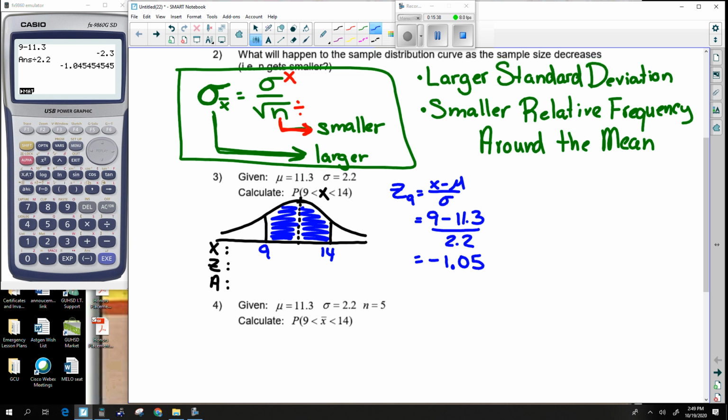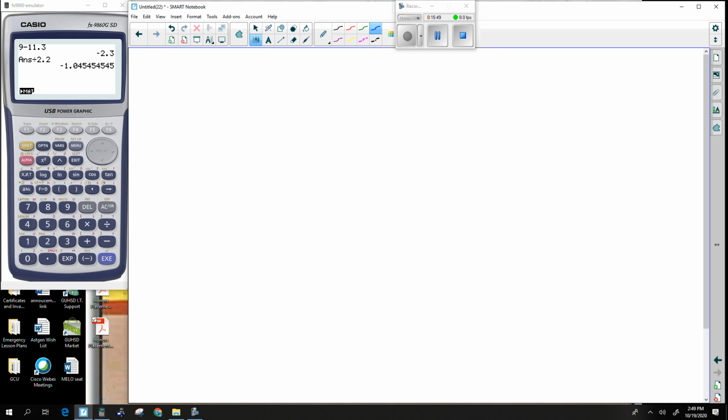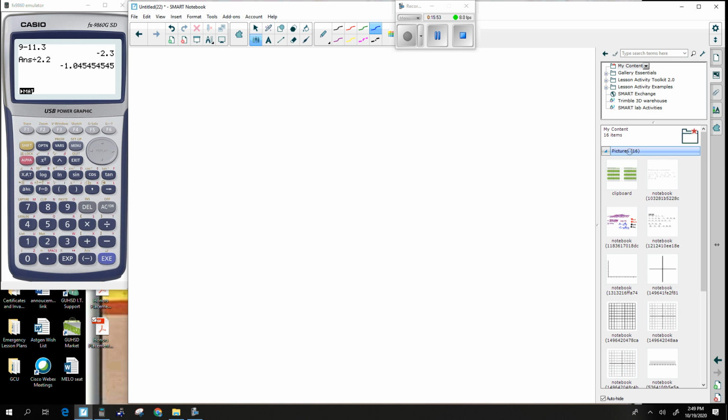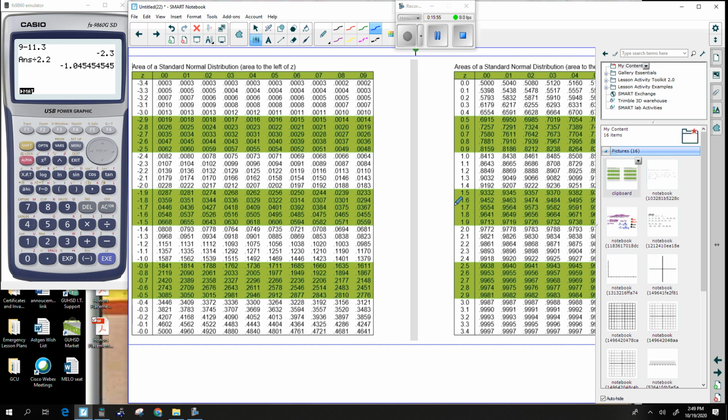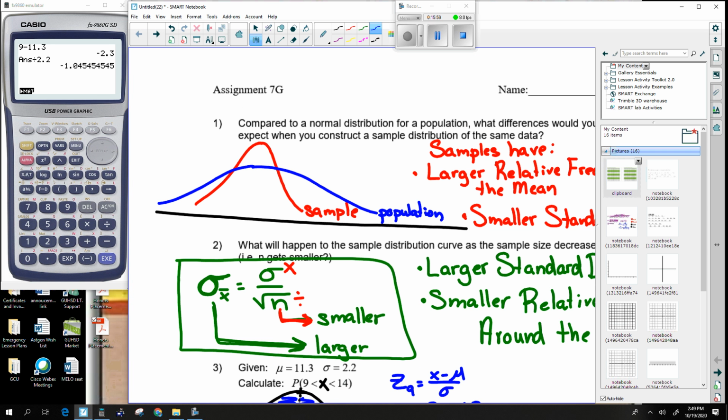Again, make sure Z's round to your second decimal point. What was that? Negative 1.05, I think it was.